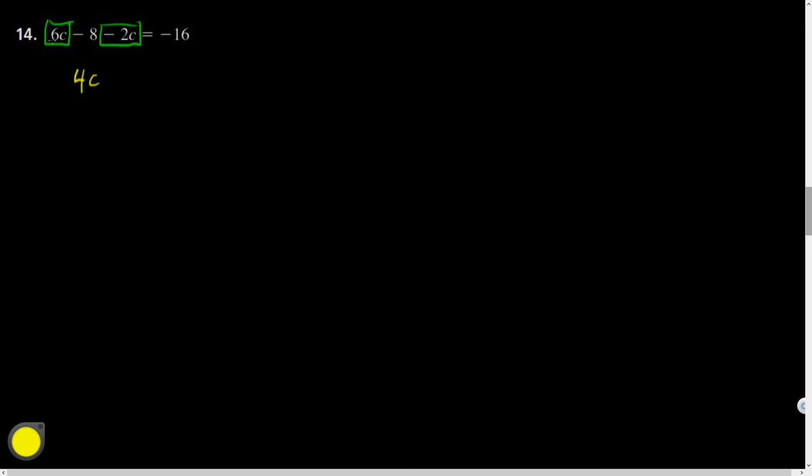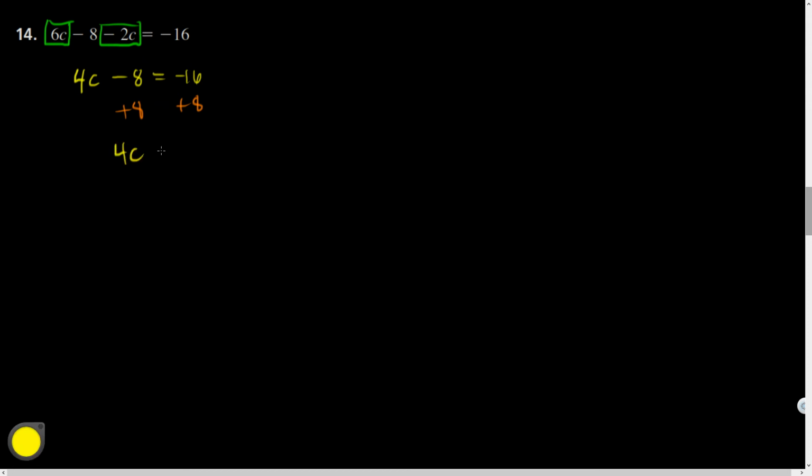So guys, when I'm combining like terms, notice that this is still a C. It's not like a C squared or anything. And what I did was I just added or subtracted those coefficients. So 4C minus 8 equals -16. And now I can add 8 to each side, right, Jimmy? Yep. So 4C is equal to -8.